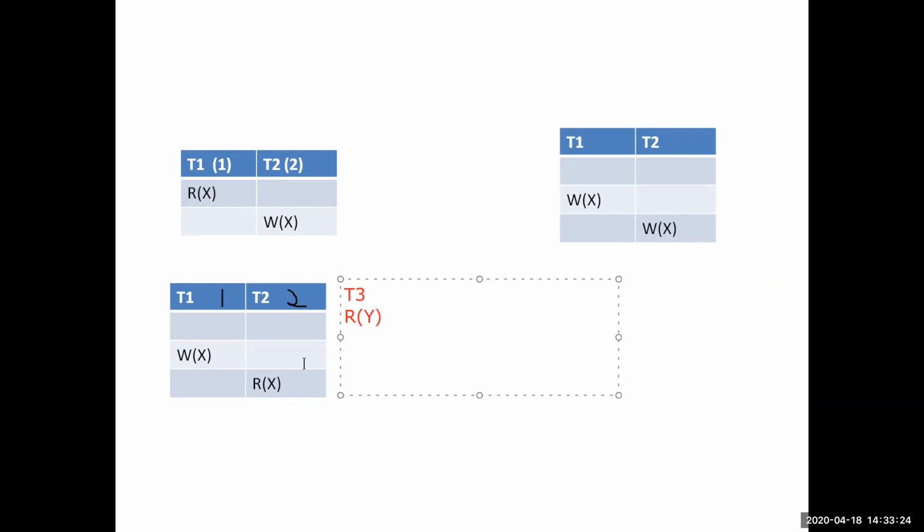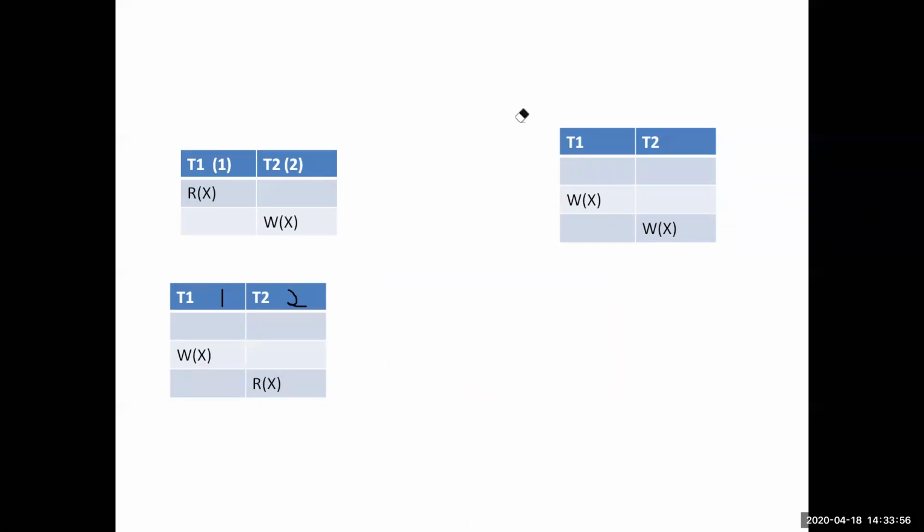The answer is yes, because I was only checking for X. Is there any Y condition for this transaction right now? No. Y has entered for T3 first, and it is served after T1 and then T2. There is no Y-related command in T1 and T2. So it will get executed, and this particular transaction also will be executed successfully.